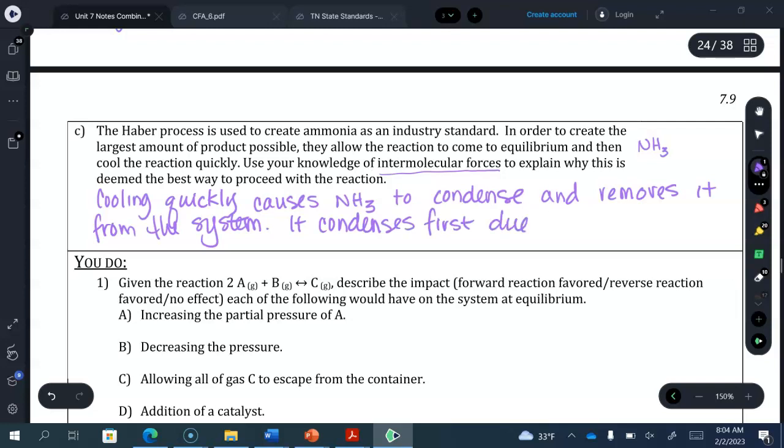And the reason for it, since we have to cite intermolecular forces, is that it condenses first due to strong hydrogen bonding between molecules.